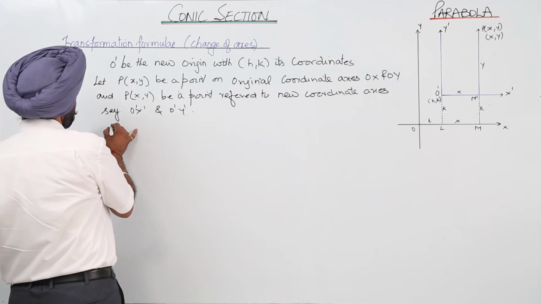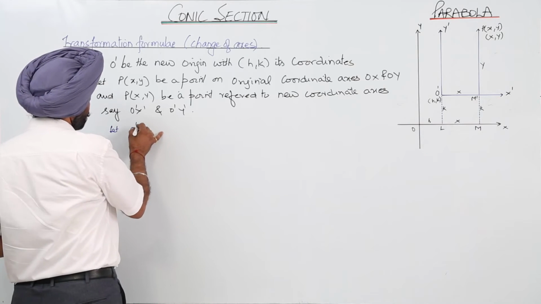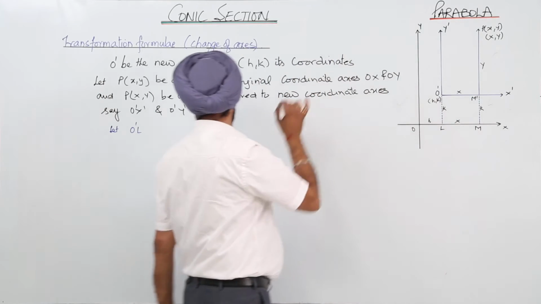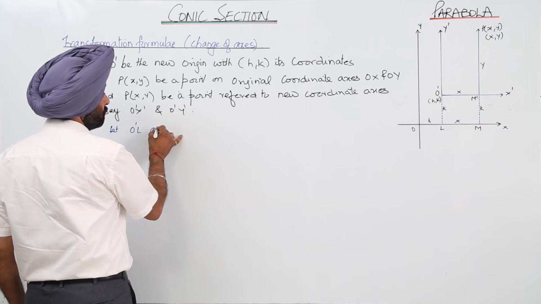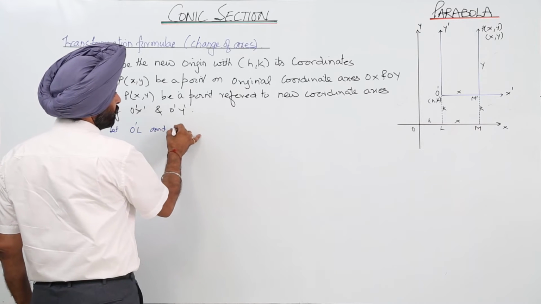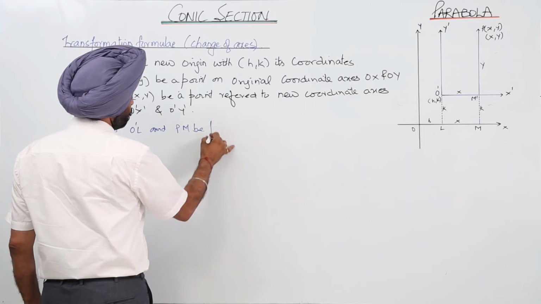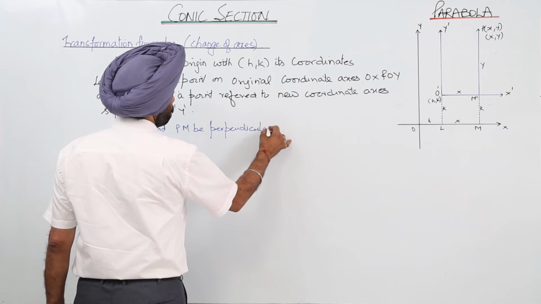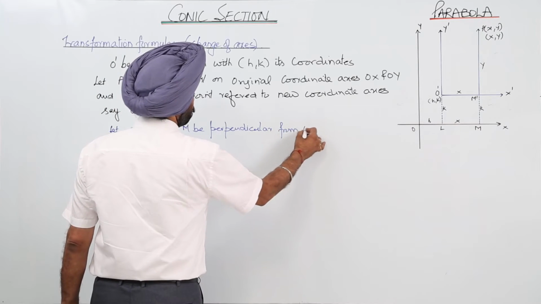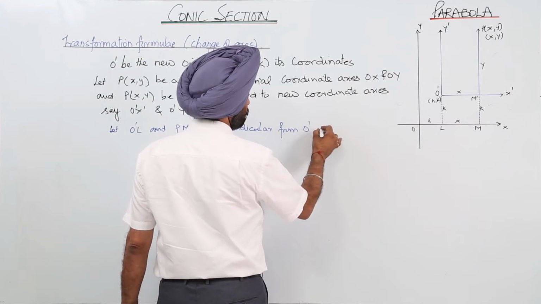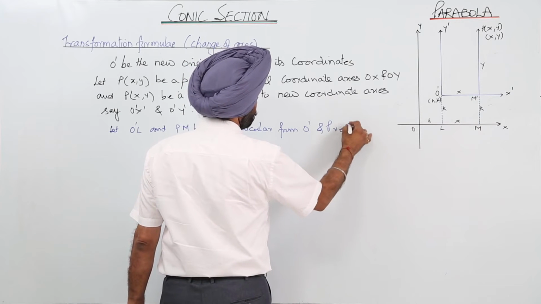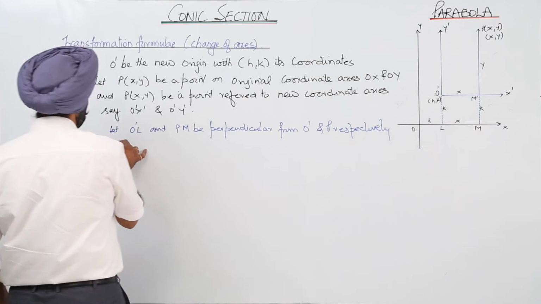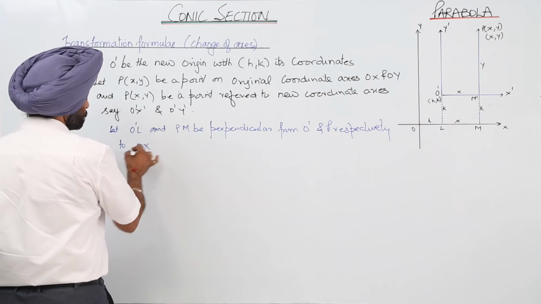Now let O dash L and PM be perpendiculars from O dash and P respectively to OX.